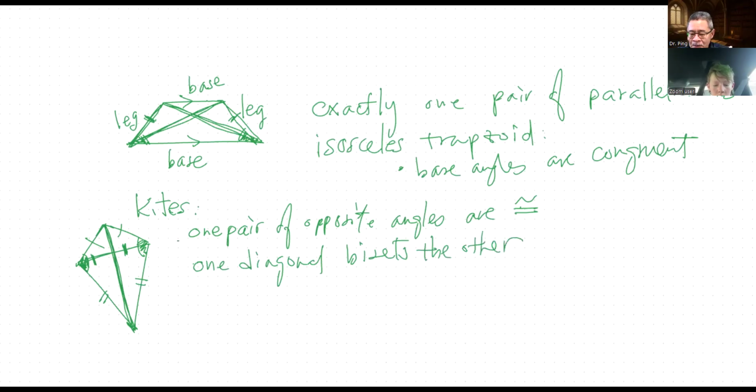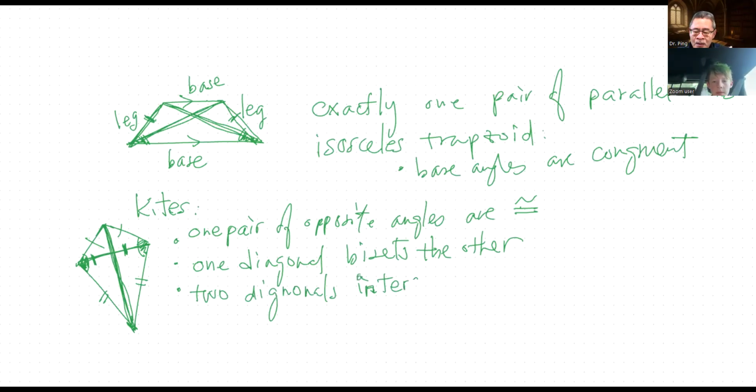And we know that the two diagonals intersect at the right angle. Today's lesson, so they list out all the properties, so you have a reference.